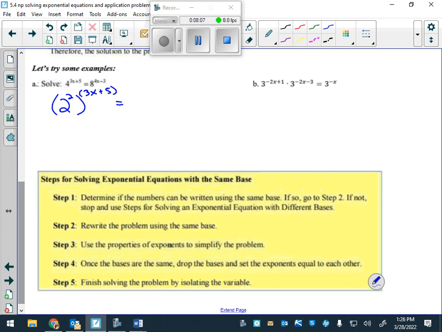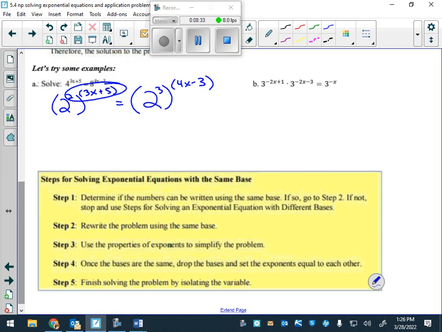Okay? How would I rewrite 8 with the base of 2? 2 to what power gives me 8? The third. Okay. Now, if you were to see this on exponent properties, what would you do with those?